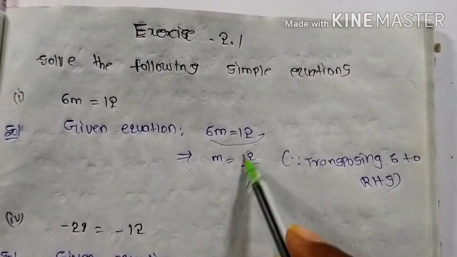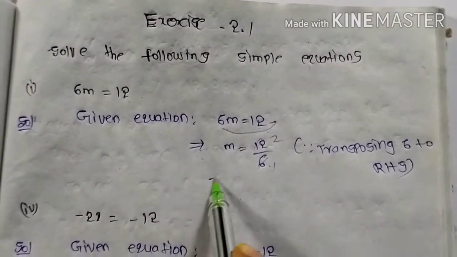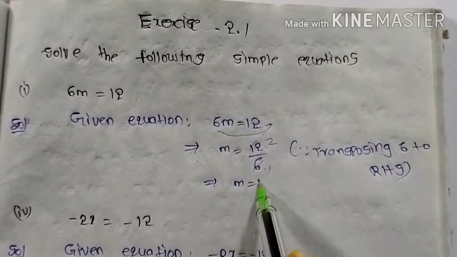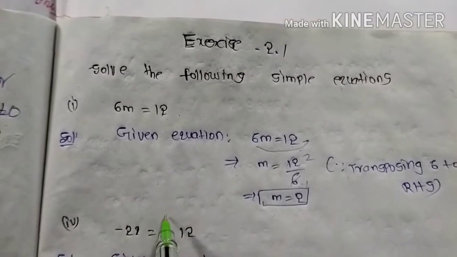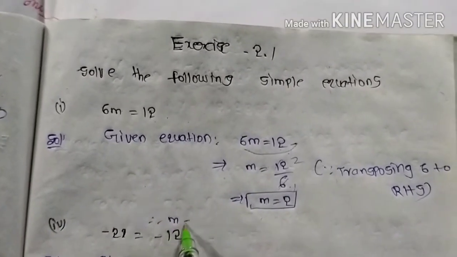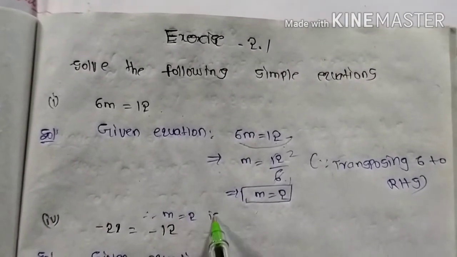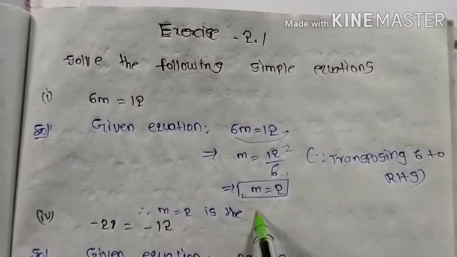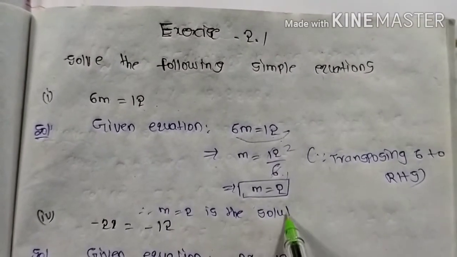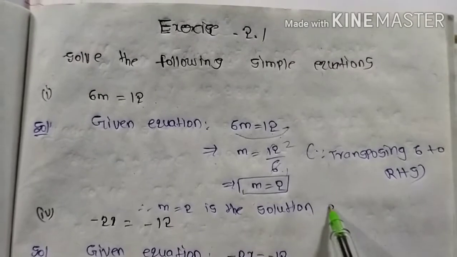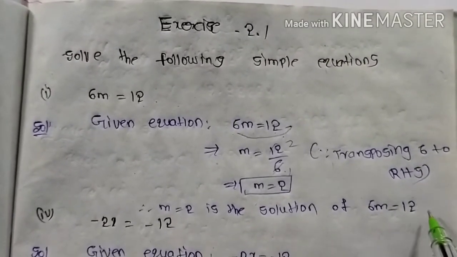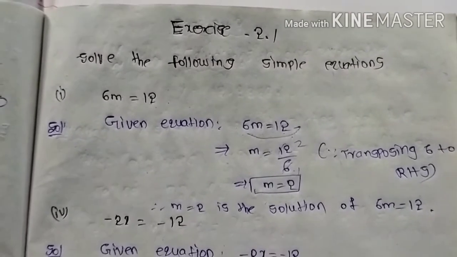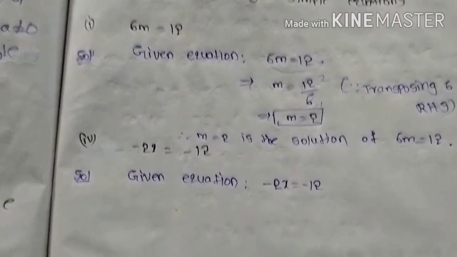You know that 6 ones are 6, 6 twos are 12. That means you can write here m is equal to 2. Therefore m is equal to 2 is the solution of 6m is equal to 12. This is your answer. In the similar way you can do other problems.